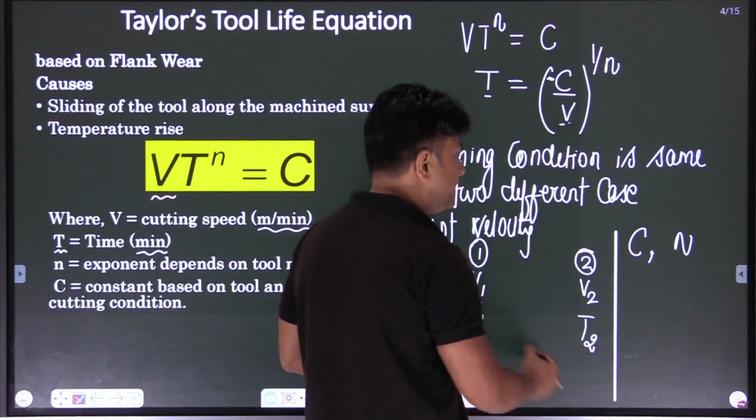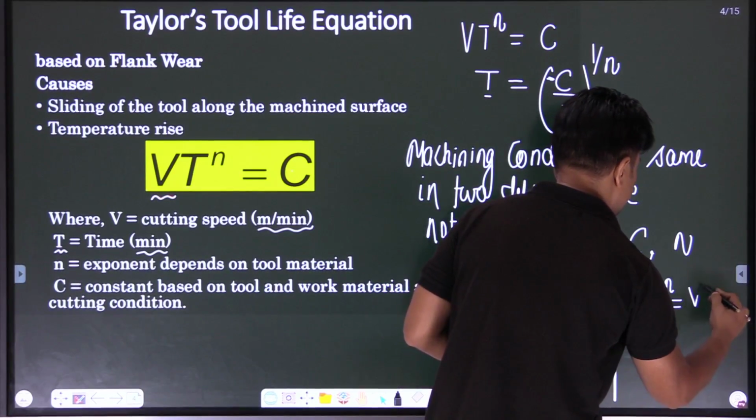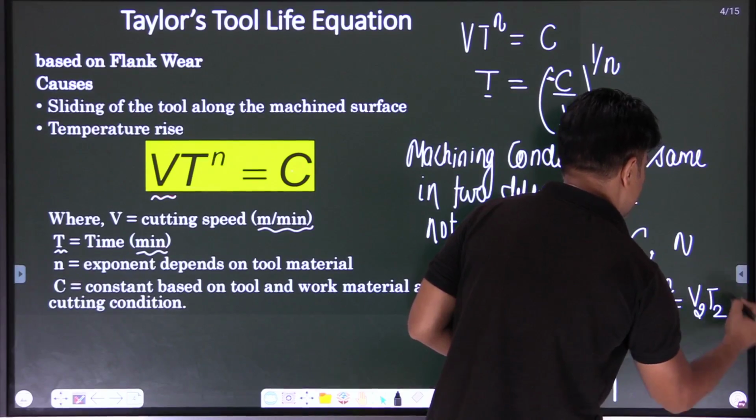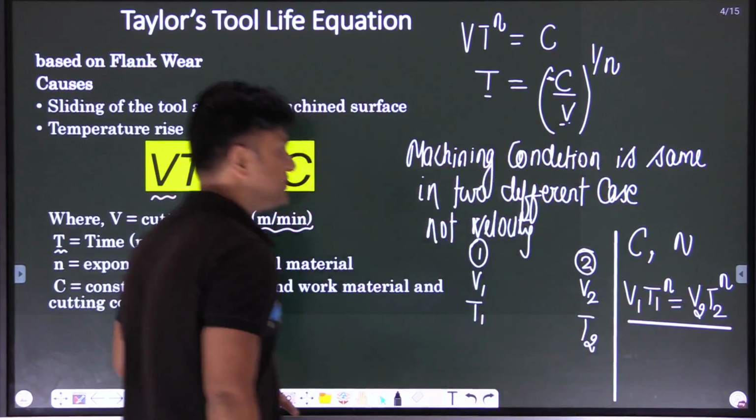So you can write V1 T1 to the power N equal to V2 T2 to the power N. You can equate by this.